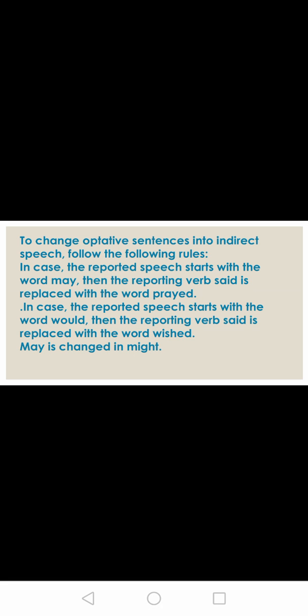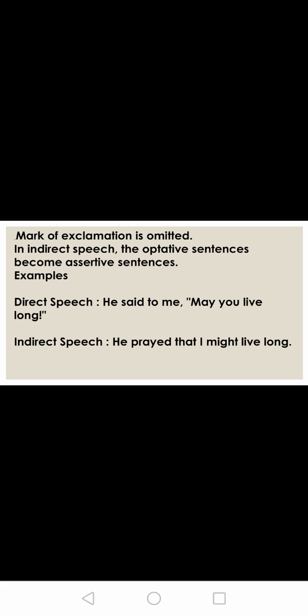Now may is changed into might. One more thing is important here: the mark of exclamation is omitted. As we are not going to put the question mark in indirect speech, we are not going to put the exclamation mark in indirect speech. In indirect speech, the optative sentence becomes an assertive sentence.